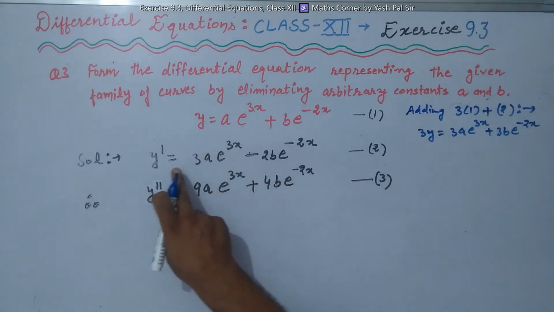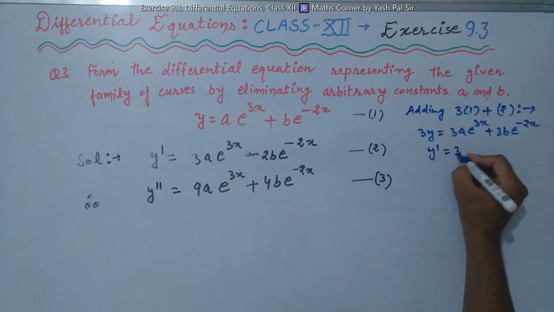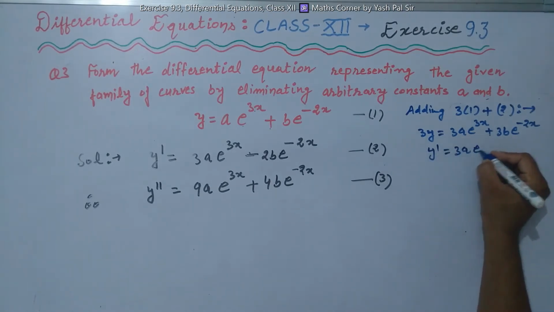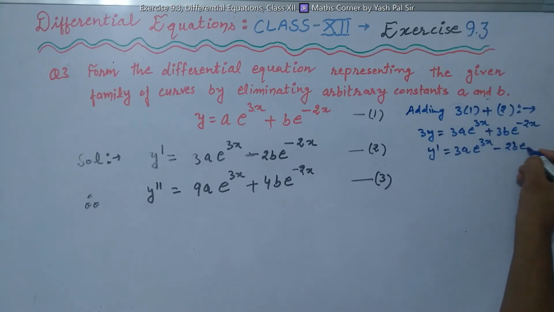Next equation is y dash is equal to 3a e power 3x minus 2b e power minus 2x.